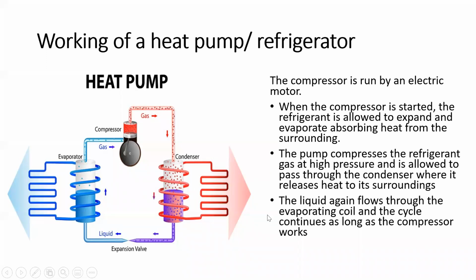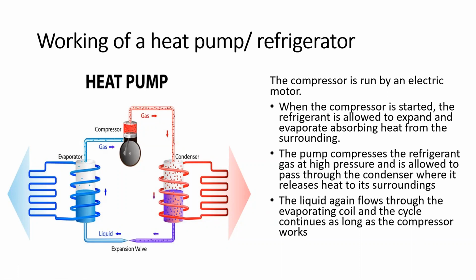Now, what are the important parts of a heat pump? You have a compressor or a motor here, and then you have a gas, which is sometimes a liquid, and this gas or liquid is called the refrigerant.